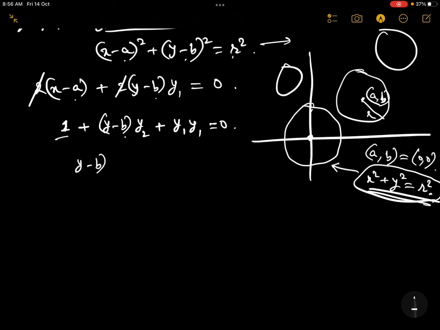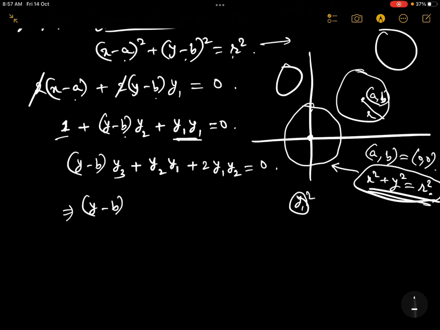So the first function times the differentiation of the second is y3, plus the second function times the differentiation of the first would give y1, plus if we differentiate this one, y1 squared will be 2y1, and differentiating this y again, y1 times y2, equal to 0. And what do we get here? y minus b equal to, this is 3 times y1 y2, we transfer that side, divided by y3.